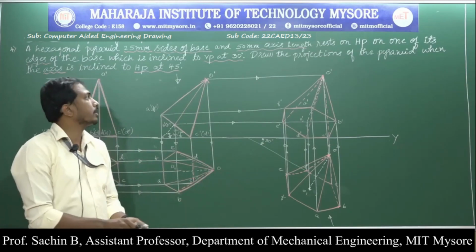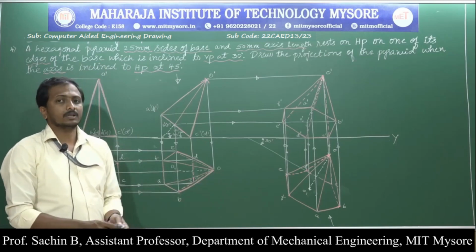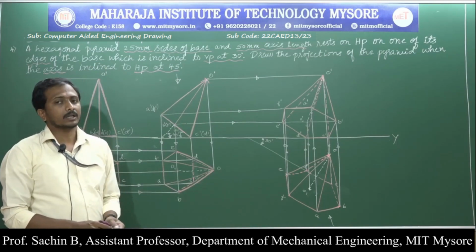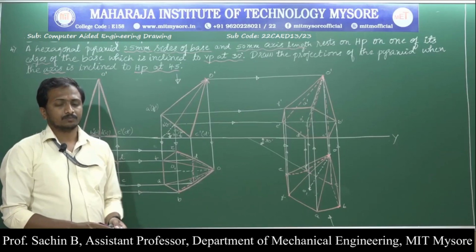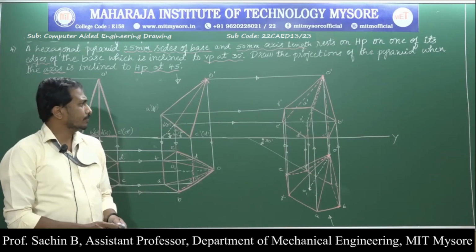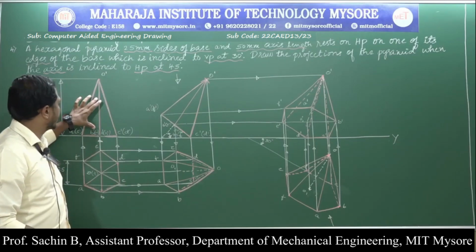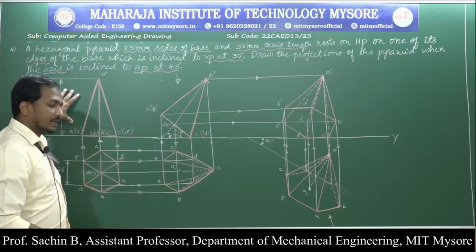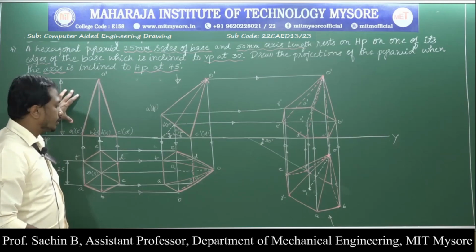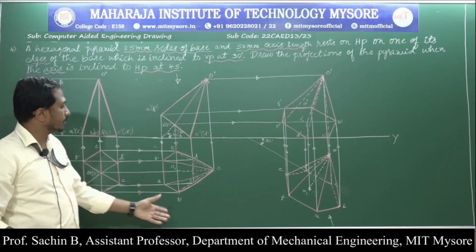When it comes to the purely axis case, meaning if the axis is inclined to both the planes, during that time we need to find the beta angle, because in the first position the axis length will be, if they give 60 mm or 50 mm, it will be 50 mm itself.